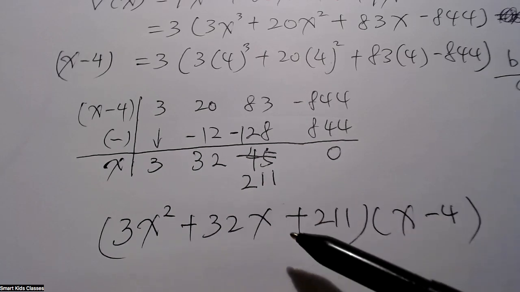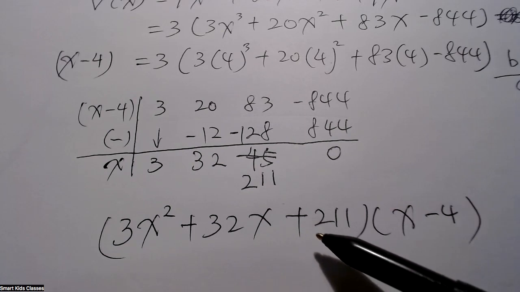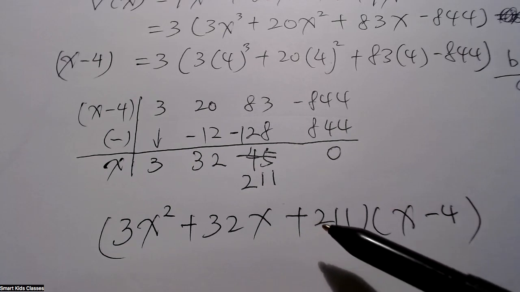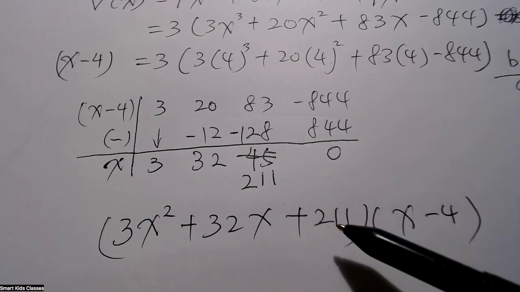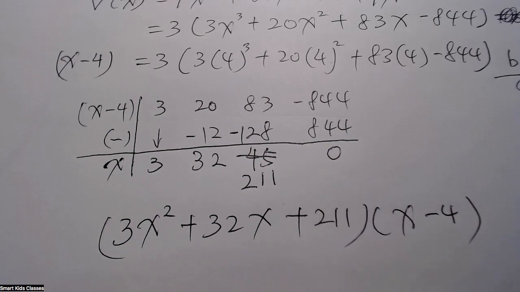Now from here, you can see it's hard to find a factor for the 211. Therefore, we are going to use the quadratic formula to find the x value for this exponent 2 equation.